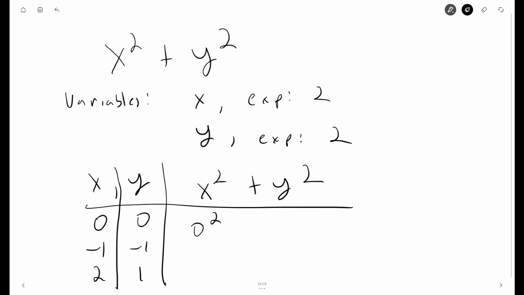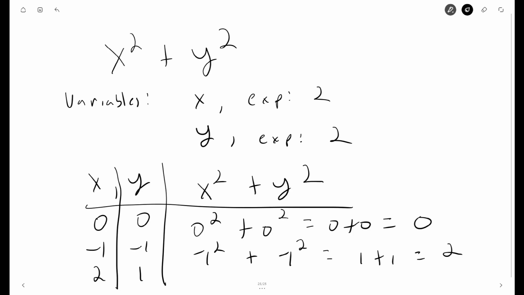It will be 0 squared plus 0 squared, that's equal to 0 plus 0, that's equal to 0. Then we have -1 squared plus -1 squared, which is equal to 1 plus 1, which is equal to 2. Then we have 2 squared plus 1 squared, which is equal to 4 plus 1, which is equal to 5.